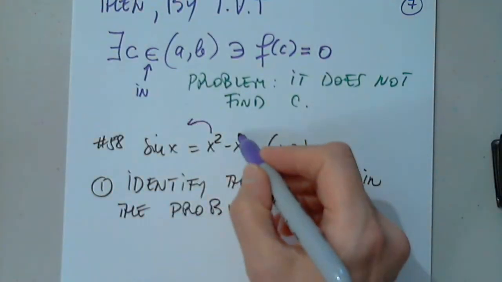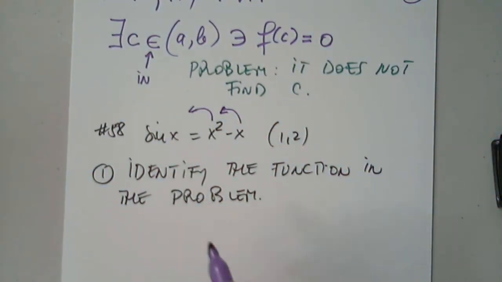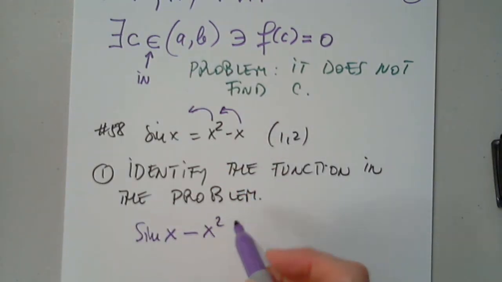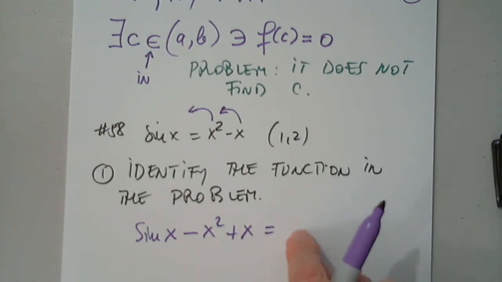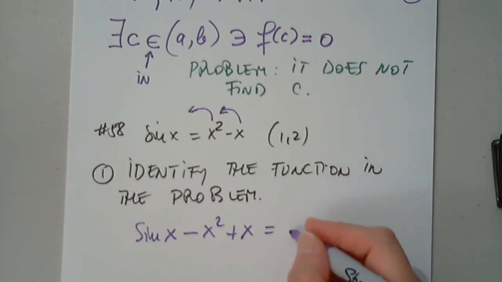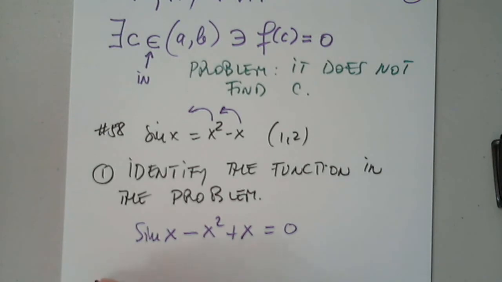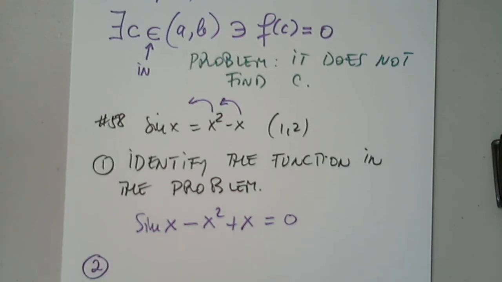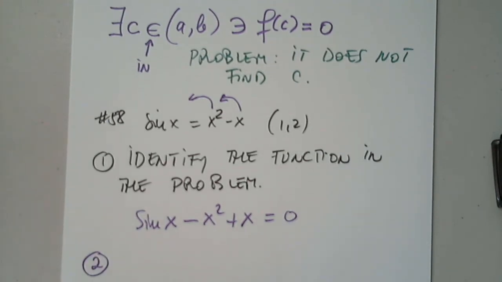Move x squared to the other side, move negative x to the other side. So sine x, it was positive, now it's negative. It was negative, now it's positive. Equals, I have to have something here. What is it? I know it's silly. 0. Of course.